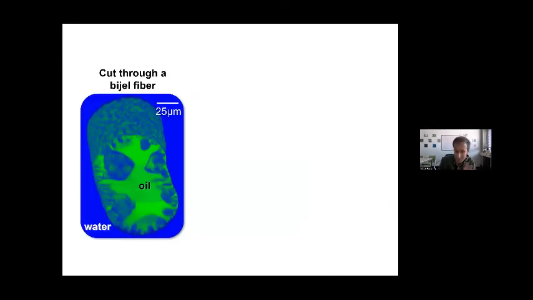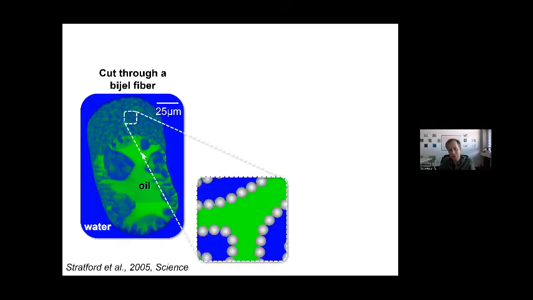So Paolo already mentioned I have an ERC starting grant, and my ERC starting grant actually focuses on this idea. Here you see a cut through one of these bijel fibers where I opened the inside, and you see it's not one of these well-defined bijels, but one that has more large channels. And now think about it.